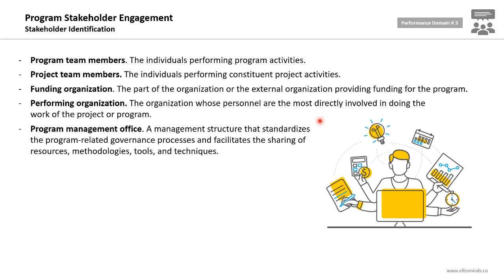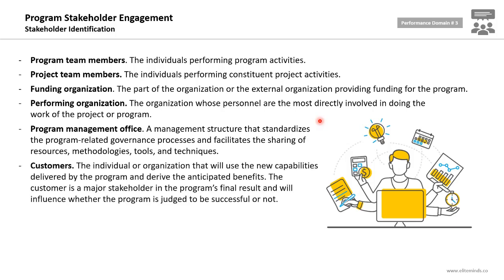Program management office, a management structure that standardizes the program-related governance processes and facilitates the sharing of resources, methodologies, tools, and techniques. If there is a program management office in your organization, so this office is a key stakeholder.